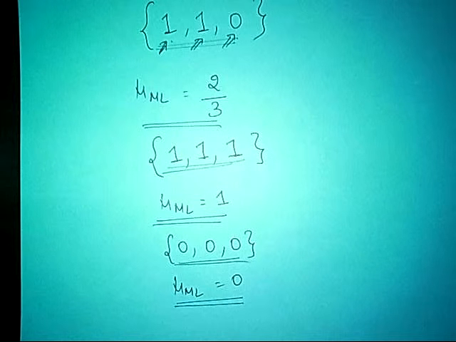So what we can see from here is maximum likelihood estimation may not actually give you the right values of mu if you do not have enough samples. So this is one particular scenario in which your likelihood function may not work very clearly.